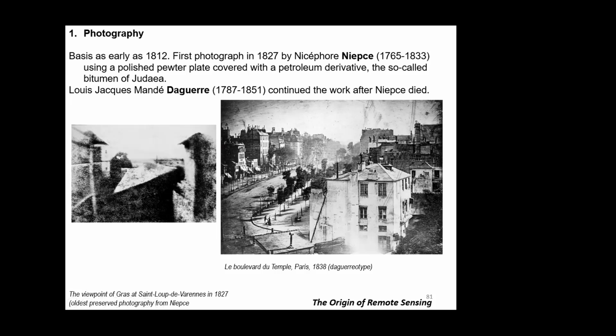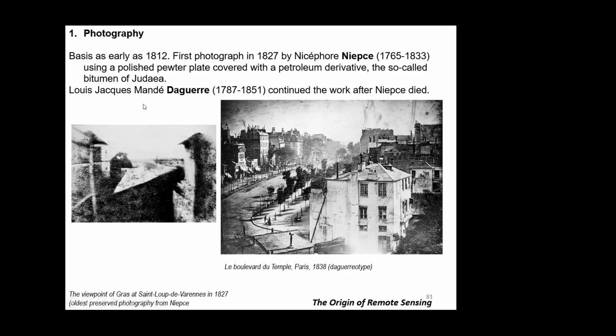It is a kind of petroleum derivative, a kind of bitumen, but it was very unstable. And Niépce's death was relatively rapid, unfortunately for him, in 1833, only 6 years after the invention of the process.